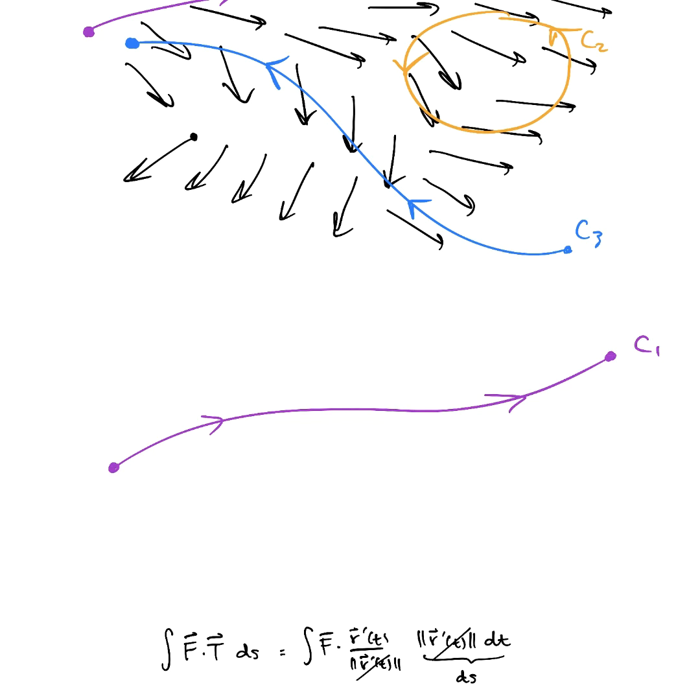Okay, now at a given spot on that curve C1, there will be a black arrow. So let's put the black arrow in, say, here. At this spot on the curve, there's a black arrow, and let's say it goes like that.